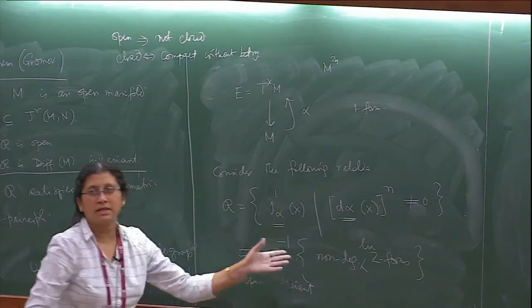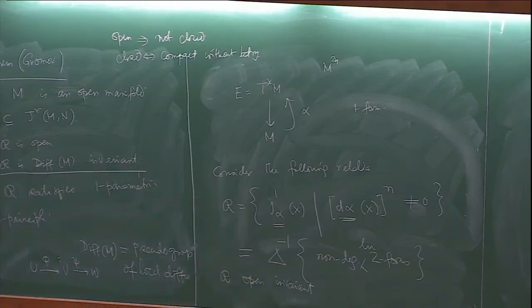Okay, invariantness is clear. If you have a non-degenerate form, if you pull it back, what is the natural action here? Earlier I was considering C infinity Mn. So the natural action of the diffeomorphism group was recomposition. In a sense, pull back. Here also you have forms. So the natural action of the diff is also the pullback. So if something is a non-degenerate form, if you pull it back by some diffeomorphism, it is still non-degenerate.